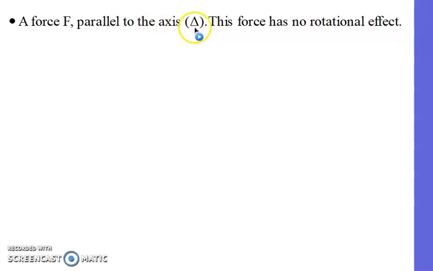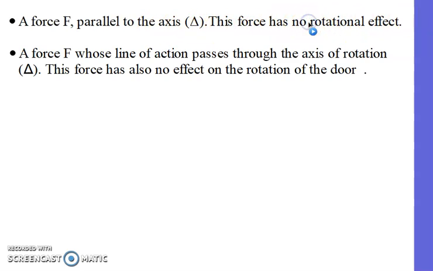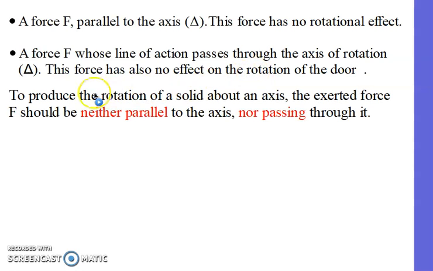So F parallel to delta has no rotational effect. That's the first case. Second case, F intersects delta, as we said. So no rotational effect, so no moment. As I said, to produce a rotation of a solid about an axis, the exerted force F should be neither parallel to the axis nor passing through it.